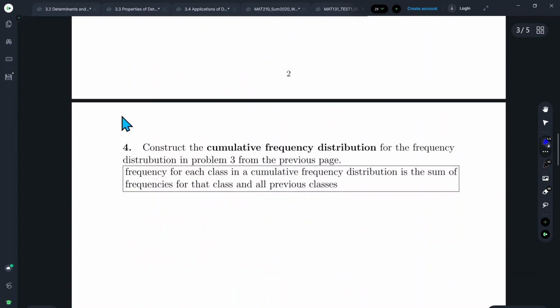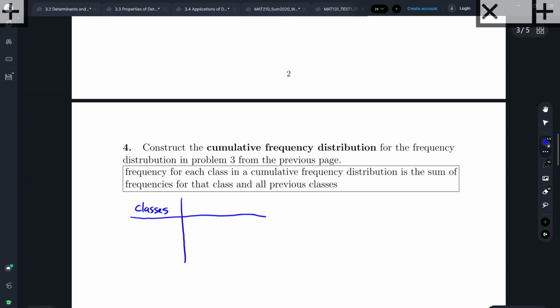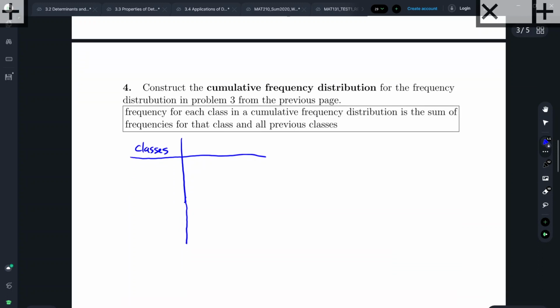Here, the classes follow the classes from before, but they are set up slightly differently. The first class is still the same. So that would be 70 to 79.